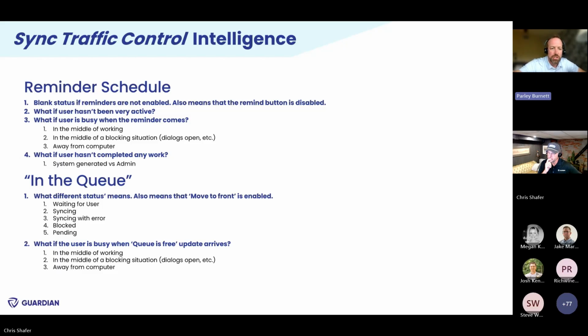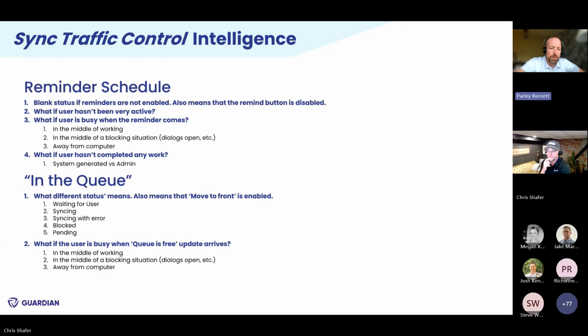Blocked, like I mentioned, means that the user has a dialog opened of some kind where they're in the middle of a command. And so when that happens, the position is given up to the next user automatically, and they just kind of switch positions. And pending means that you're just simply in line to sync. Okay.